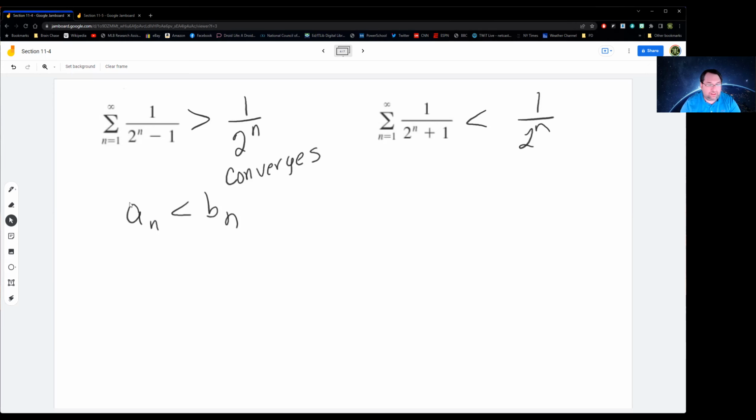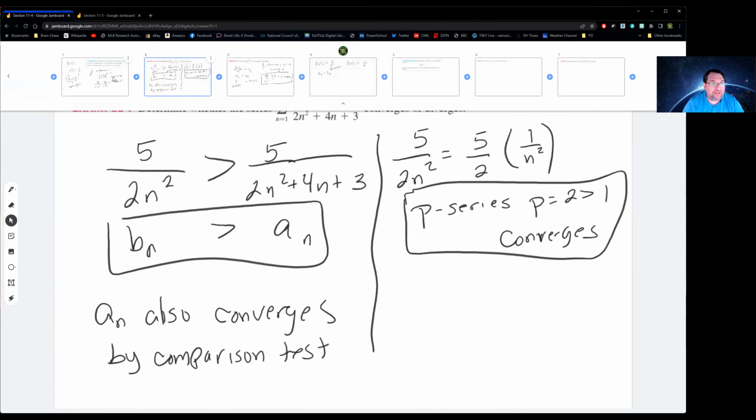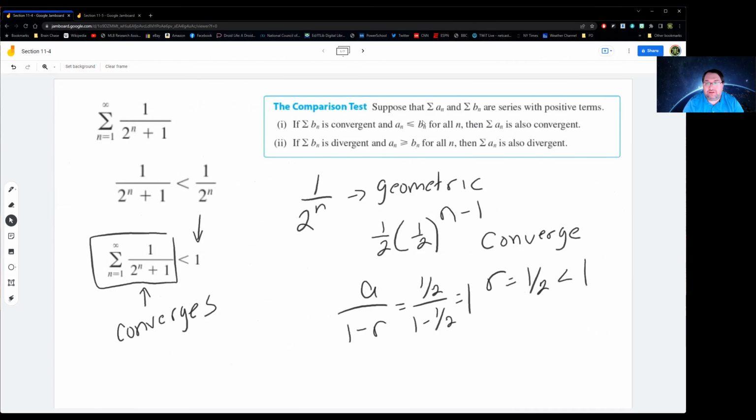So does the comparison test only apply for divergence? No, the comparison test works for both. However, they have to be in a specific direction. If we look at the comparison test, there's a very specific order that matters. If AN is less than BN, it's convergent if the BN is convergent.